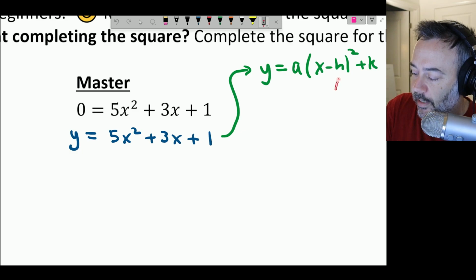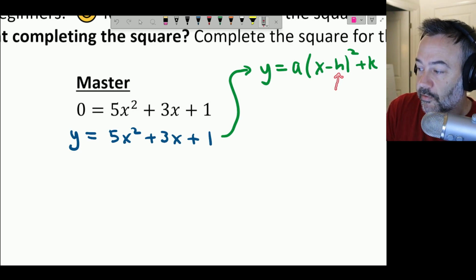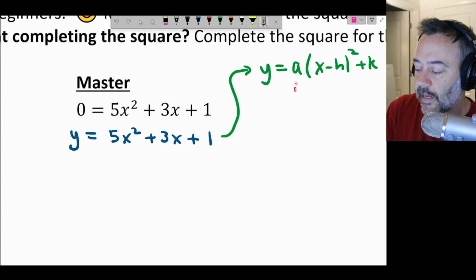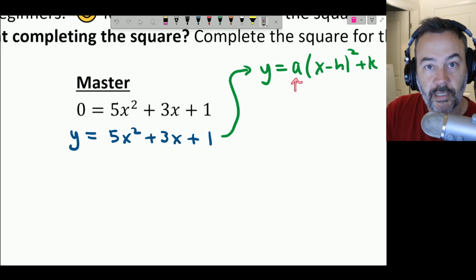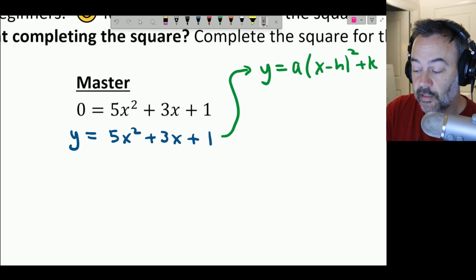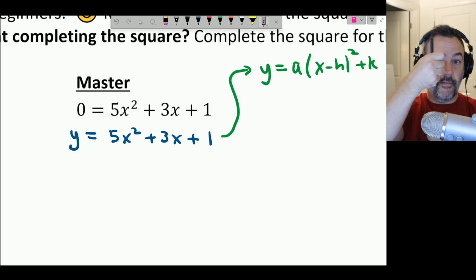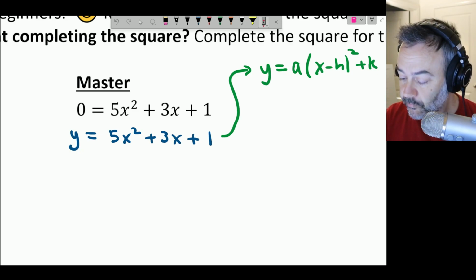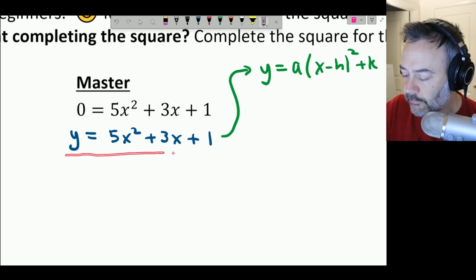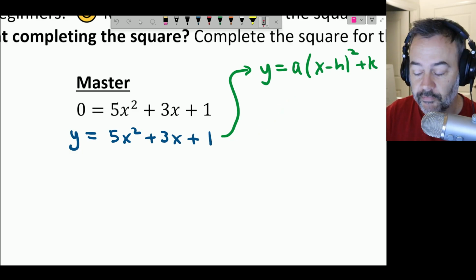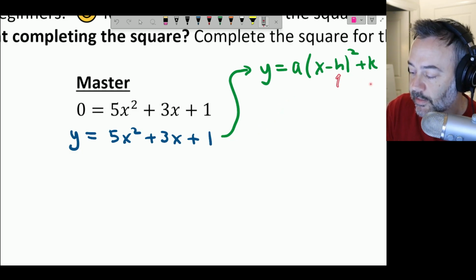So you might remember that h is a translation left or right of the x squared graph, k is a translation up or down, and a stretches or compresses it vertically in the y direction, and if it's negative, it will flip the graph over the x-axis. So rewriting a function into its vertex form is really helpful for graphing and for finding the vertex, because then the vertex is h comma k.